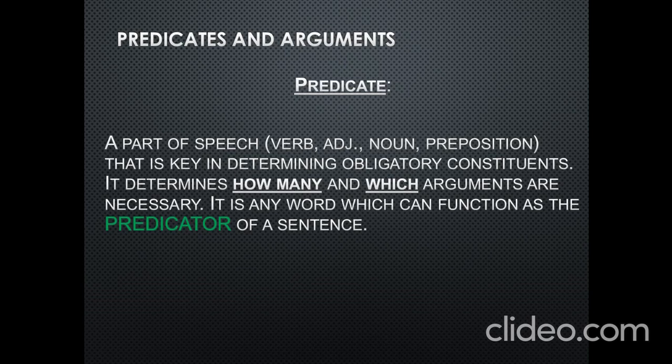And in general, we associate the predicate with a finite verb, right? Because the head of the predicate is a finite verb. But from this perspective, a predicate can be in any part of speech, a verb, an adjective, a noun, a preposition.